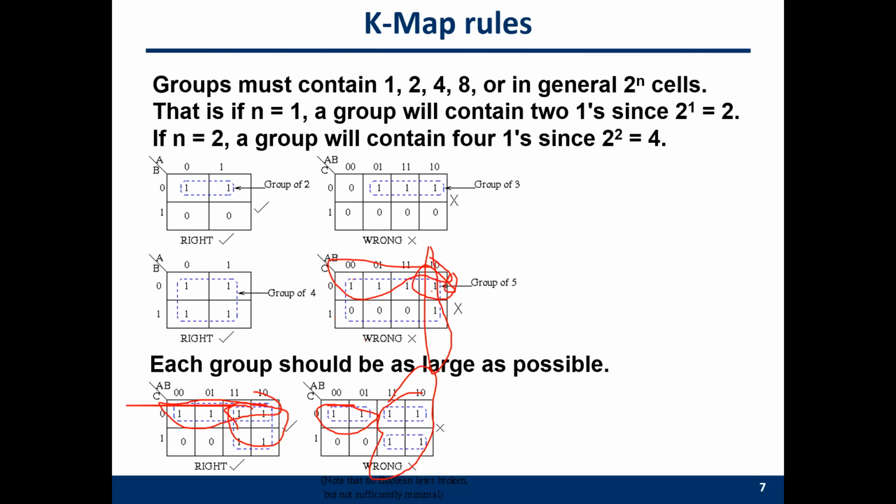But again, all the K-maps like this are better than this one. Why? Because for this case, we have 3 variables, A, B, and C. So this horizontal group can be represented by C bar.